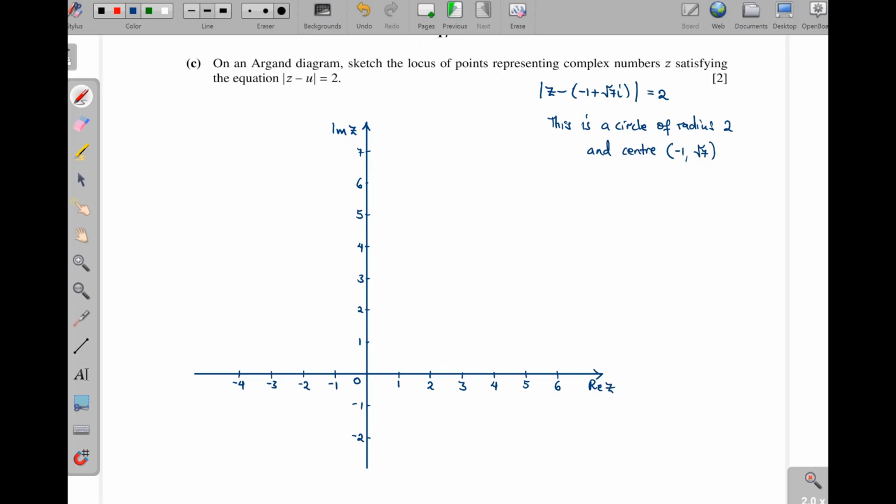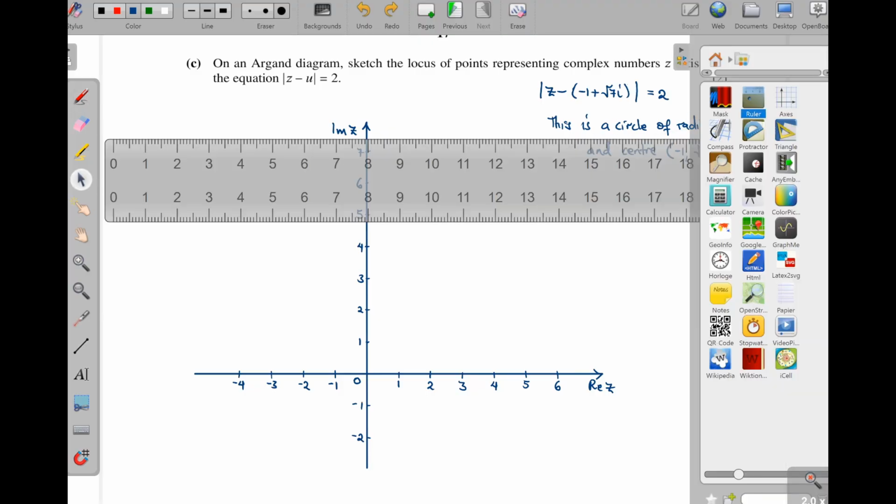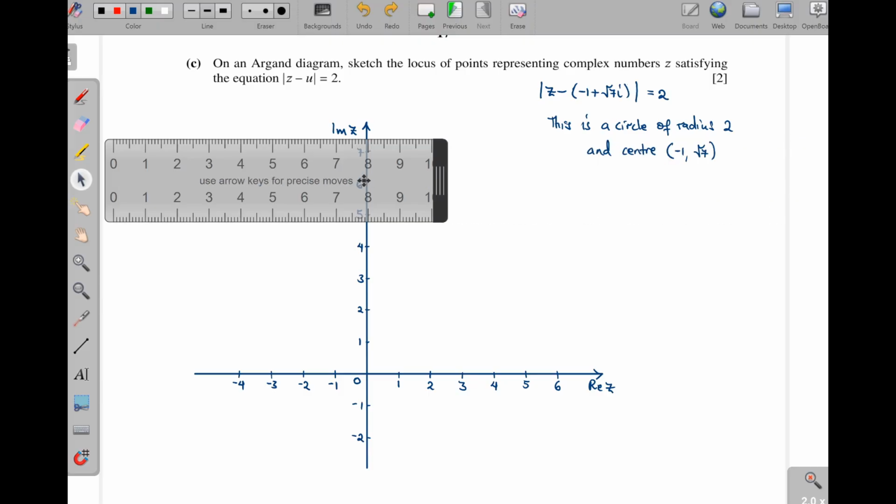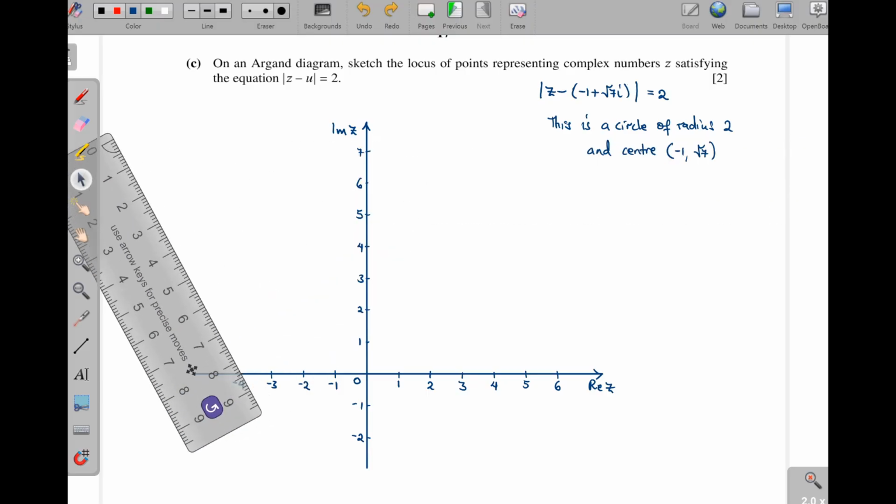Now, what are we having? We are given a mark for plotting the center. The center is -1, root of 7. What is root of 7? It has to be 2 point something. So it has to be around there. So I'll bring my ruler, and then I put it there for the purposes of just being accurate a little bit, okay?